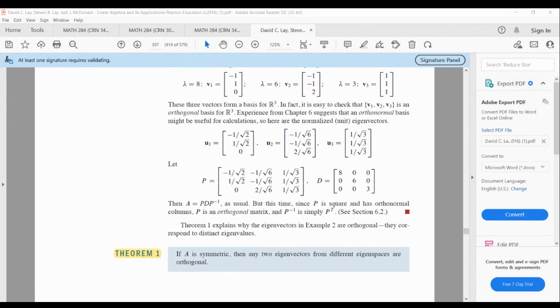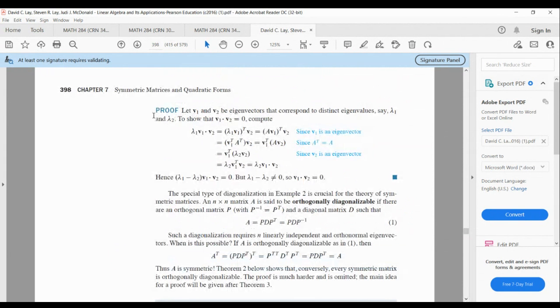By theorem 1 in section 7.1, if you have a symmetric matrix, then any two eigenvectors from different eigenspaces are orthogonal. And it's not hard to show that. They have a proof here.